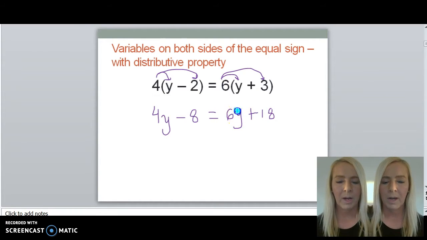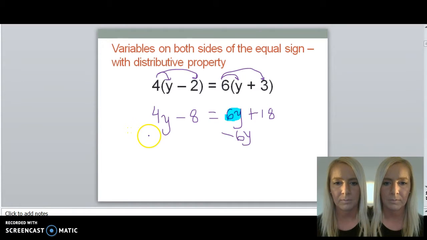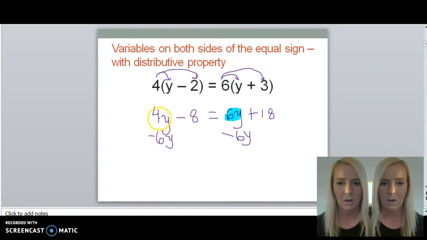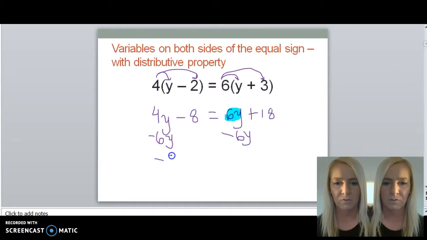Again, I'm going to bring my y variable to the other side of the equation by applying inverse operations. So I'm going to subtract 6y, and again, you can use your calculators for this computation. 4 minus 6 is negative 2y minus 8, which is equal to 18.